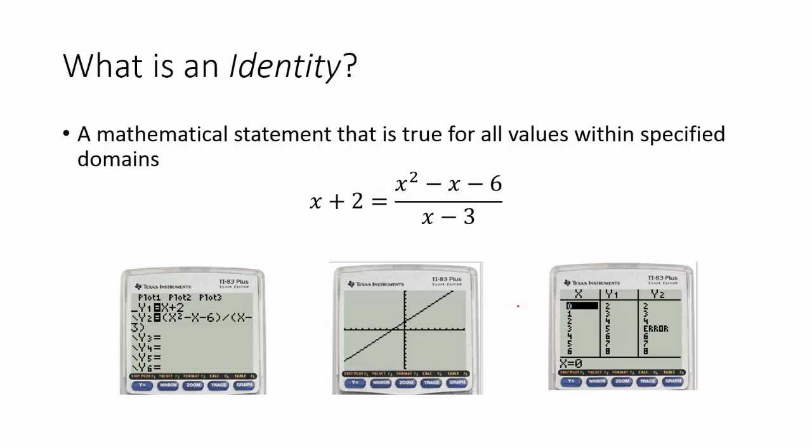When we look at the tables, they are identical except the point (3, 5) would be on the line y equals x plus 2, whereas (3, 5) is a hole on the function y equals (x squared minus x minus 6) over (x minus 3). So other than taking x to be 3, for all other real and, for that matter, complex values of x, this is a true statement.